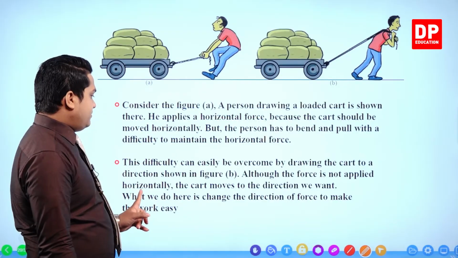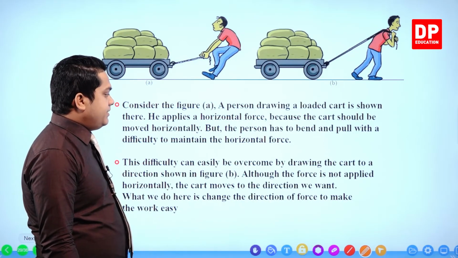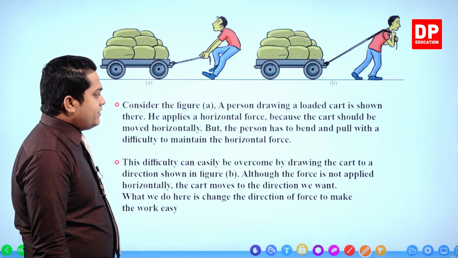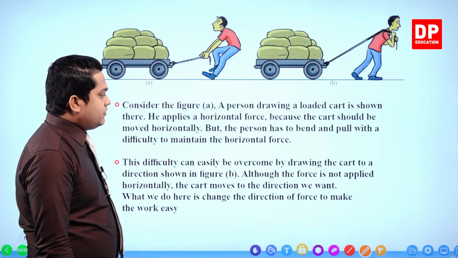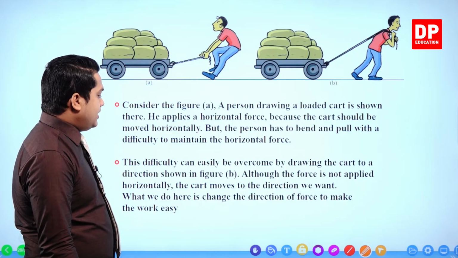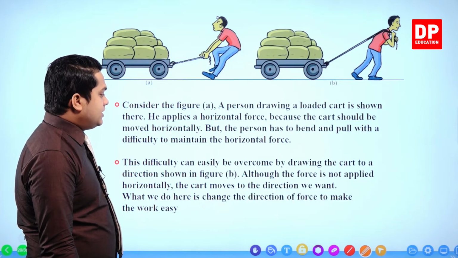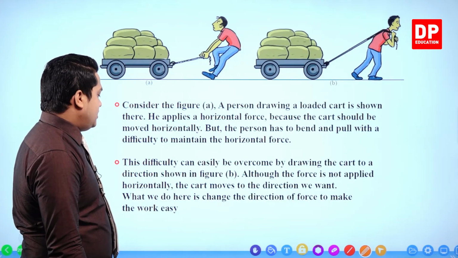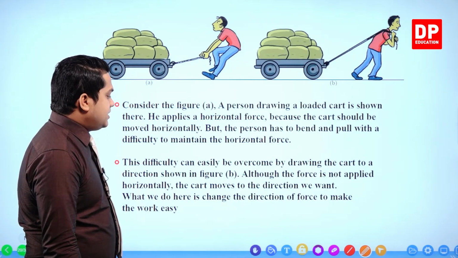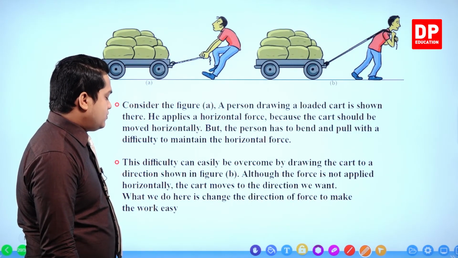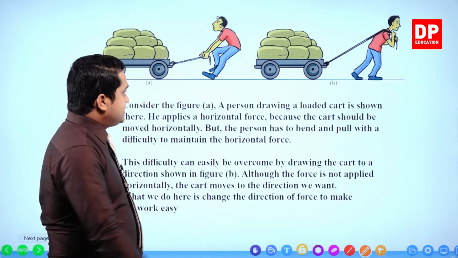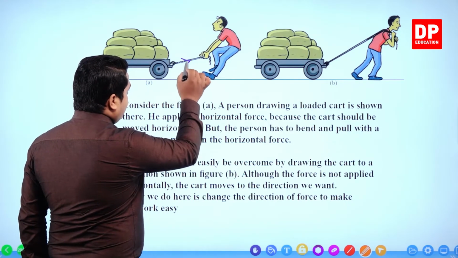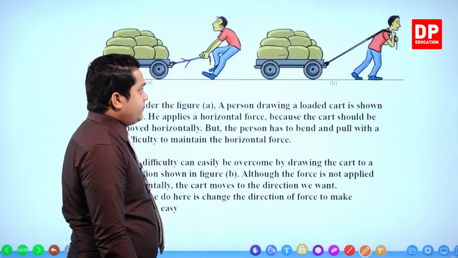So in the second, the difficulty can be easily overcome by drawing the cart to a direction shown in figure B. Although the force is not applied horizontally, the cart moves to the direction we want. What we do here is change the direction of force to make the work easy. Now, in this case, you can clearly see that the force is acting in this kind of a direction.